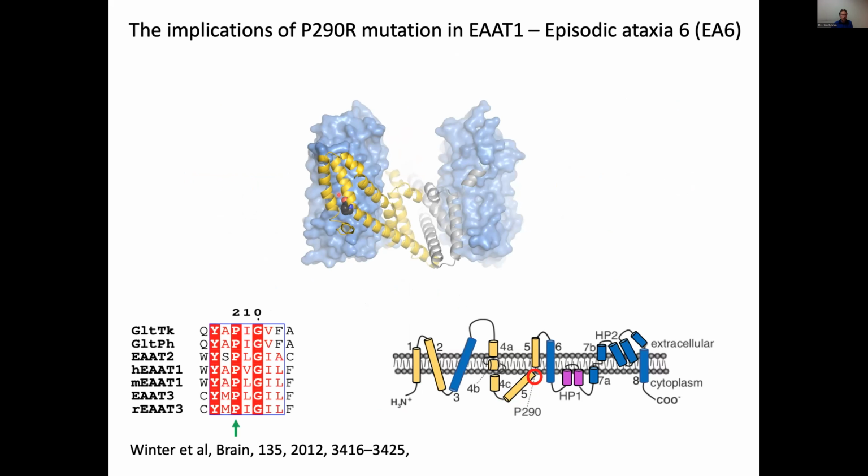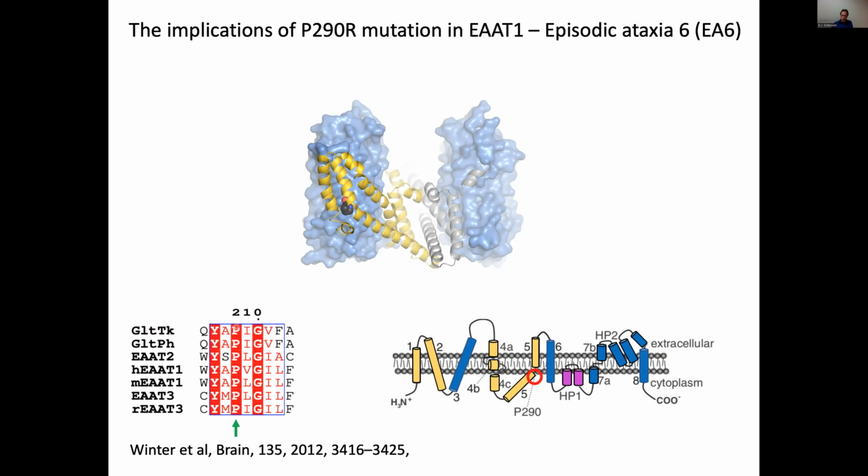And this proline is conserved throughout the family. So not only in the mammalian transporters, but also in the prokaryotic ones, a proline is located in exactly the same position. And in GltTk, the protein that I will talk about, it is the proline at position 208.